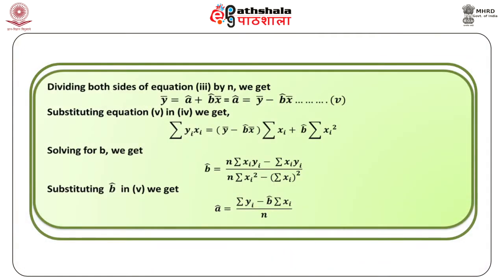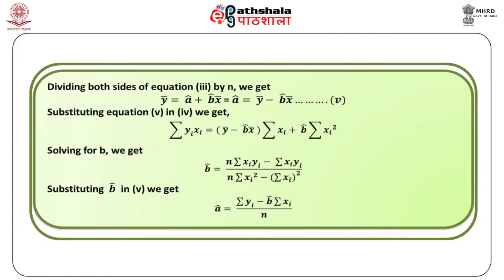Dividing both sides of equation 3 by n, we get y bar equals a cap plus b cap multiplied by x bar, which is further equivalent to a cap equals y bar minus b cap multiplied by x bar, which will be our fifth equation.